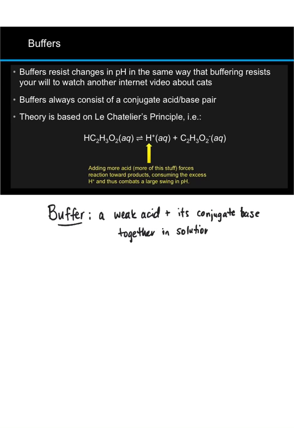Or, alternatively, a weak base and its conjugate acid mixed together. And that's all a buffer is. A buffer is capable of resisting changes in pH when we add some outside source of strong acid or strong base to it.